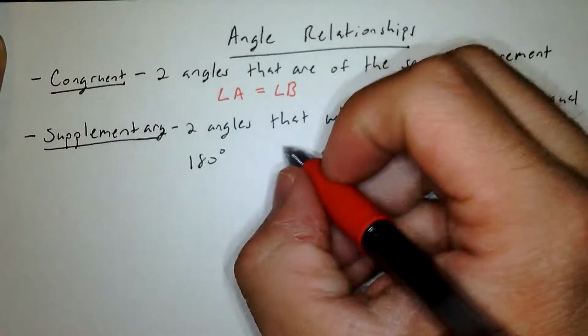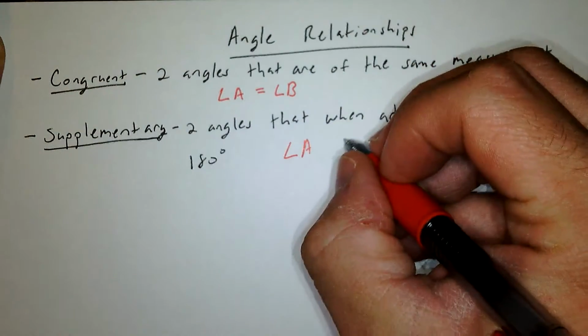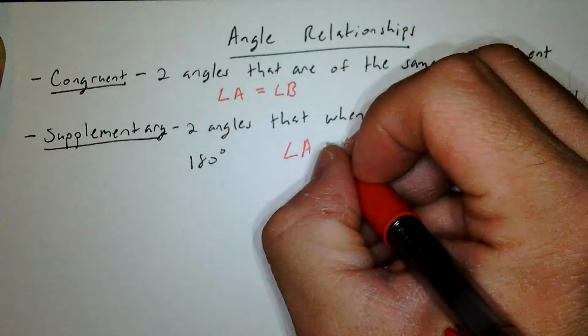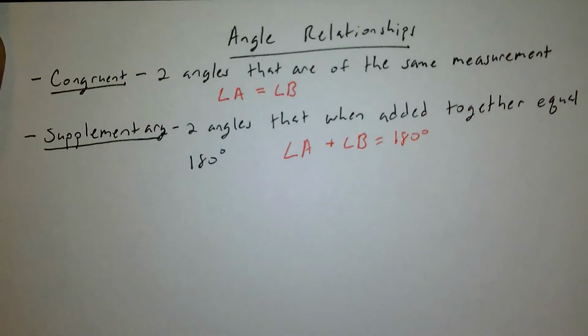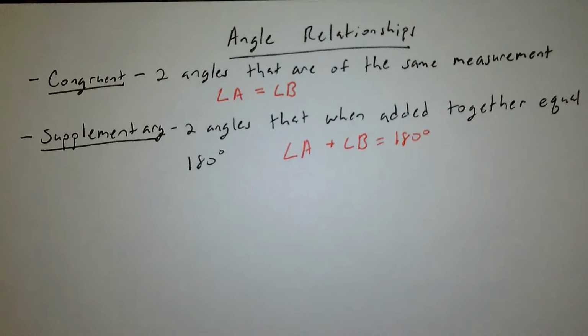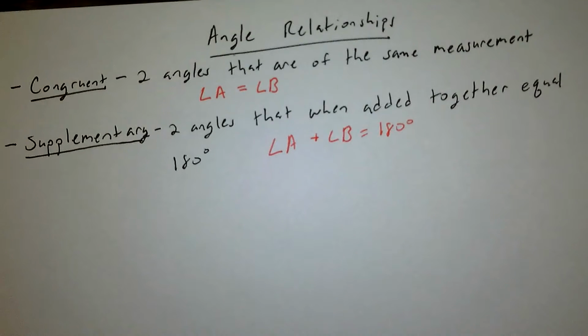So for example, if I had angle A and angle B, and I added those two together, they would be equal to 180 degrees. And then that would make them supplementary.